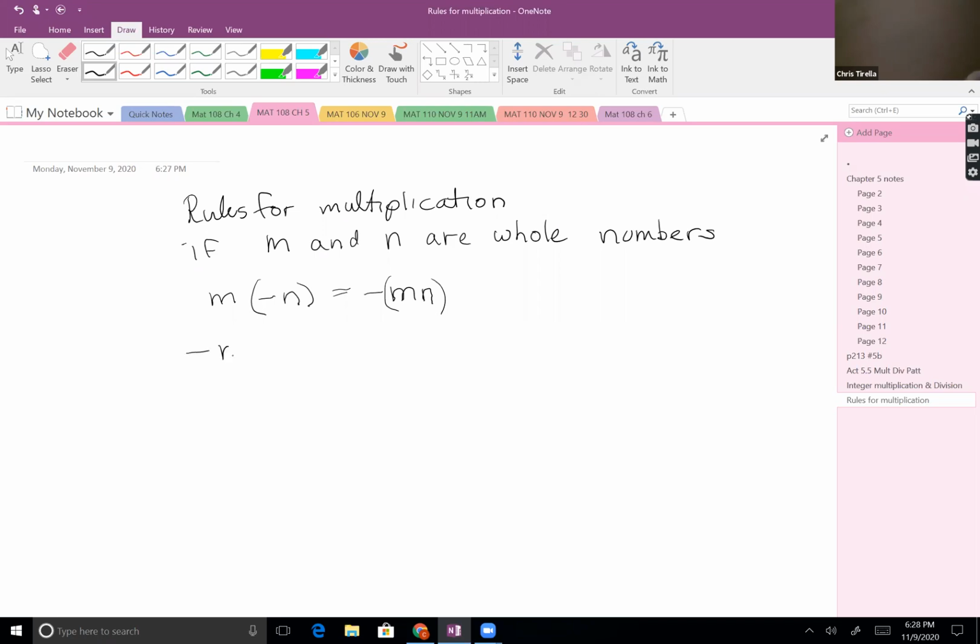Instead, if we take negative m times n, we'll also get the negative product -mn. And if we take negative m times negative n, that product will give us the positive product m times n.